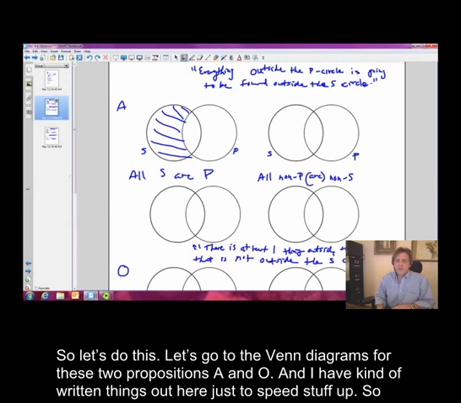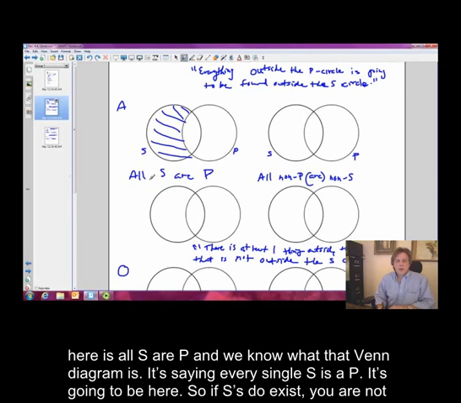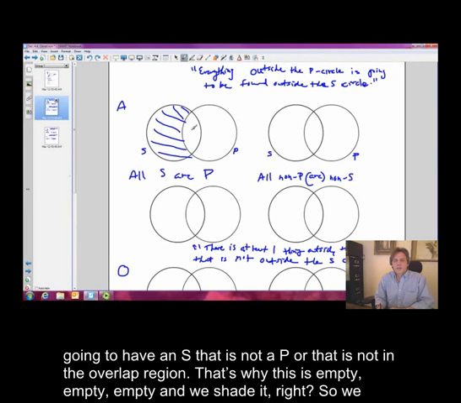propositions, A and O, and I've written things out here just to speed stuff up. So here's all S are P, and we know what that Venn diagram is. It's saying every single S is a P. So if S's do exist, you're not going to have an S that's not a P or that is not in the overlap region. That's why this is empty, empty, empty, and we shade, right?